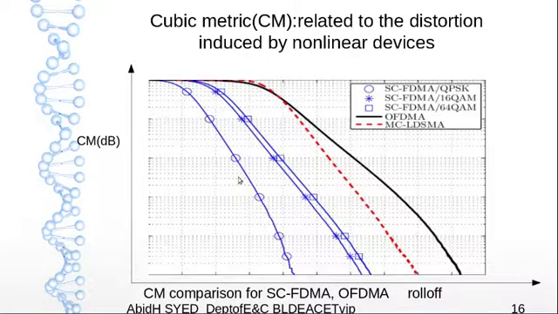Now let us see using a graph how the SCFDMA concept helps us in getting better performance metric parameters. One of the parameters that we have selected in discussing while comparing the performance of SCFDMA with OFDMA is cubic metric.